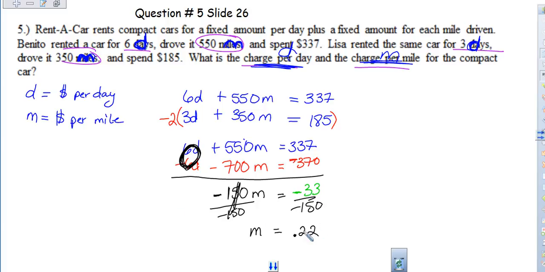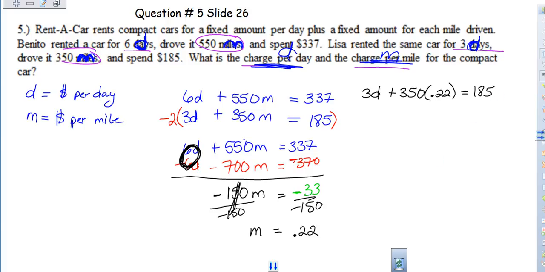So now I'm going to utilize that and plug it back in to see if I can come up with my cost per day. Okay, so I'm just going to use the bottom equation because it has smaller numbers. So 3d plus 350 times 0.22 equals 185.